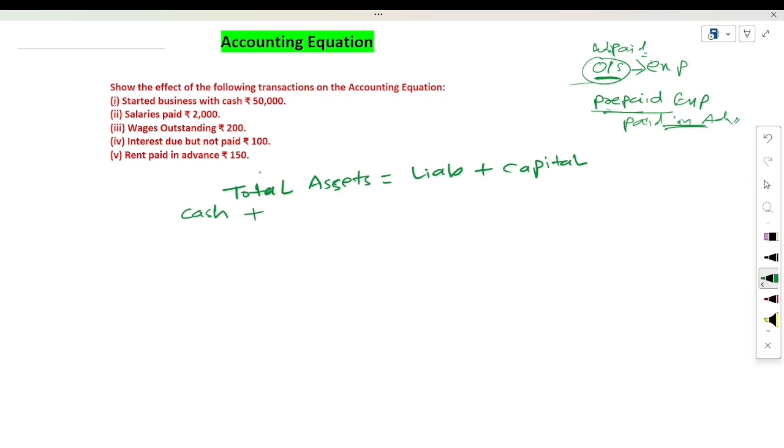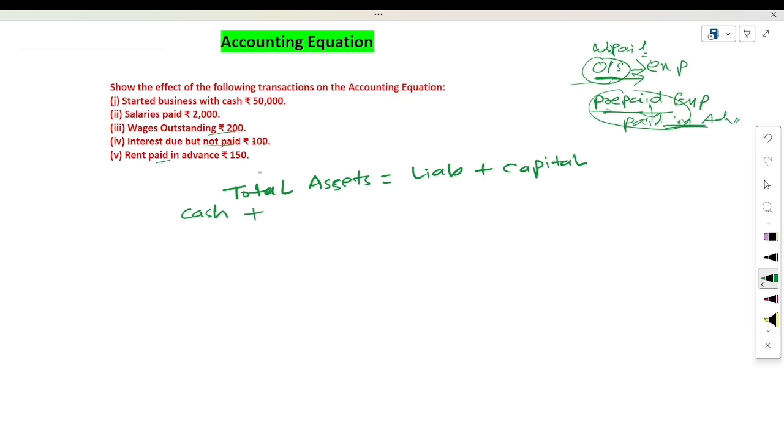If any outstanding expense or prepaid expense is mentioned in the question, it means there may be an asset or liability created. If it is outstanding, there will be a liability created, and if it is prepaid, there will be an asset created. So in transaction 3, wages outstanding, and transaction 4, interest due but not paid, both these transactions are creating liabilities.